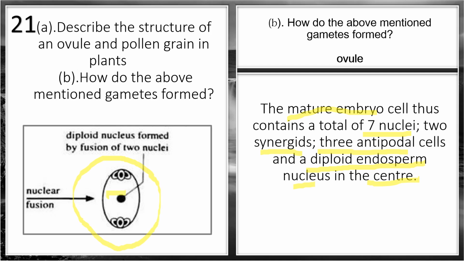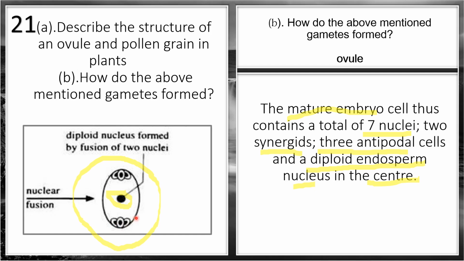This is in the middle, the diploid endosperm nucleus, and above we have the 3 antipodal cells. Down we have the ovum or the egg cell and the 2 synergids.